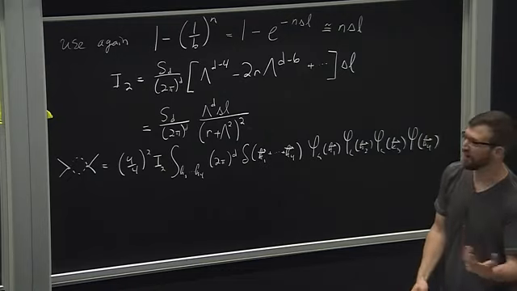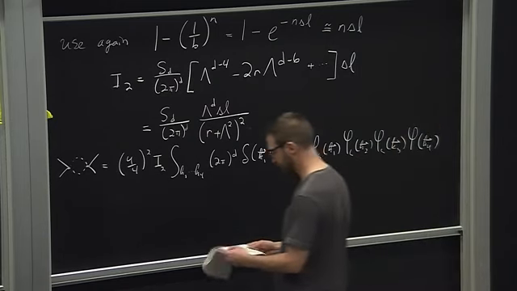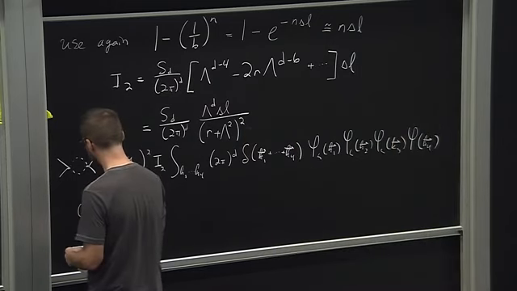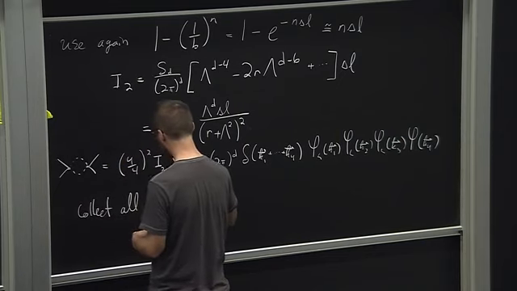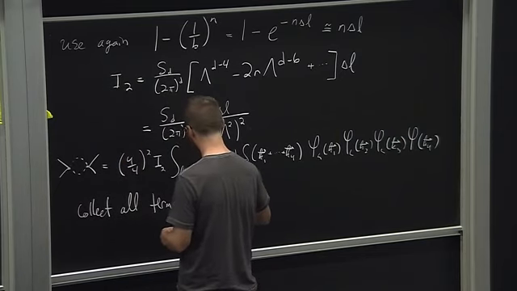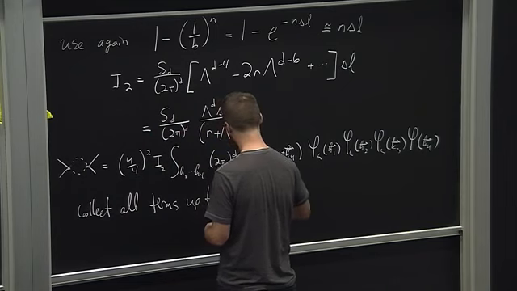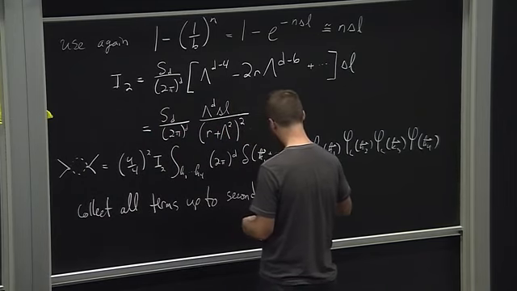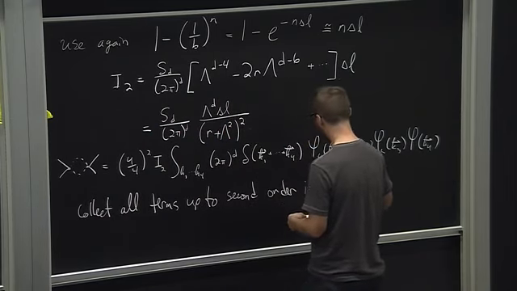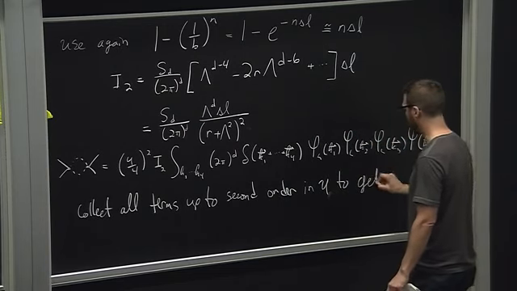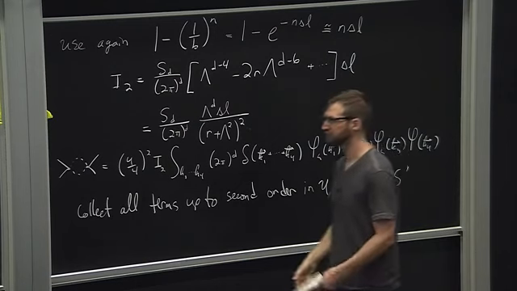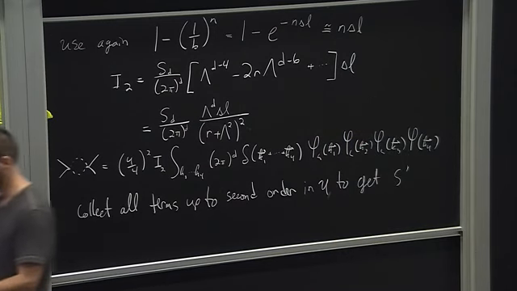And that'll give you S prime, right? So that's U to get S prime. Simple.